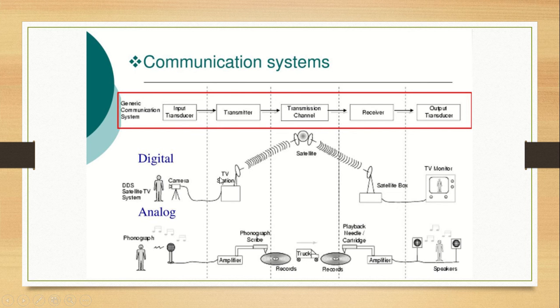The modulation process happens here, and then it is sent to the satellite. The signal is weak, so it will be amplified and then sent back to Earth to the receiving antenna. Then there will be a satellite box that does the demodulation. And then we have the TV monitor where you can see the image and hear the voice as what has been sent from the source.